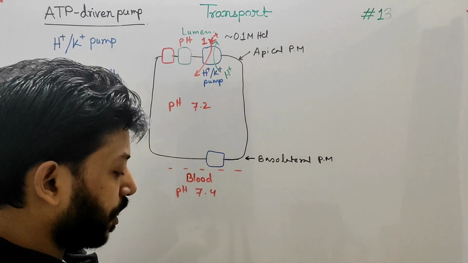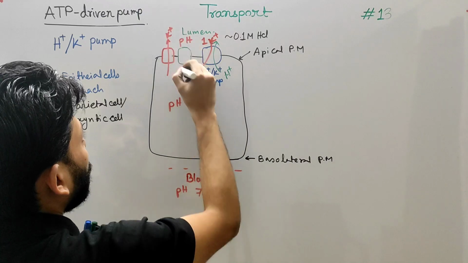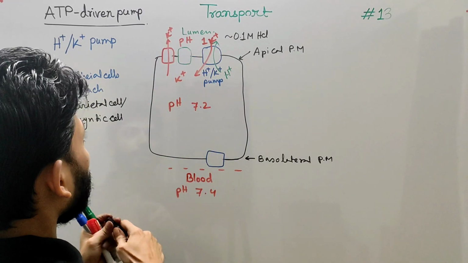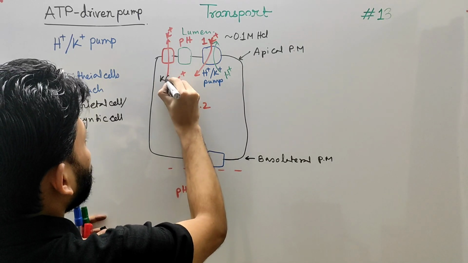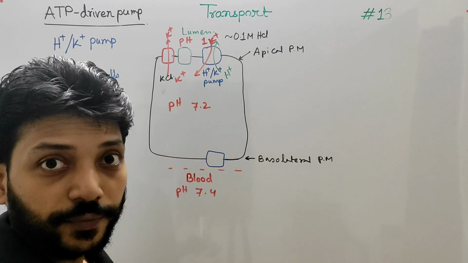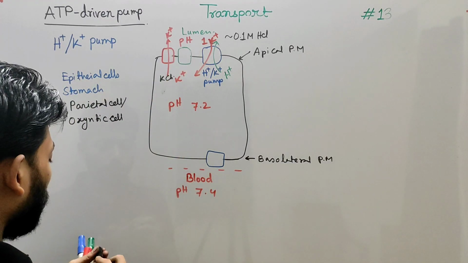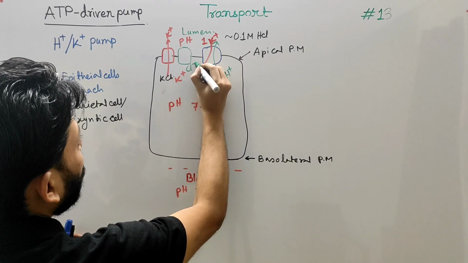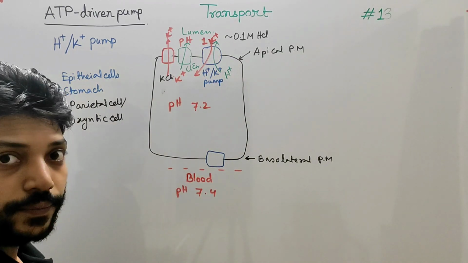Now this extra potassium moves out of the cell through a potassium channel also. So this potassium moves through these channels out of the cell. This potassium channel is also present in the apical surface of the membrane, and there is another channel called the chloride channel. Through this chloride channel, chloride comes outside of the cell.